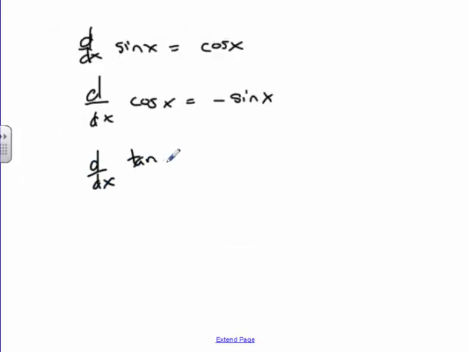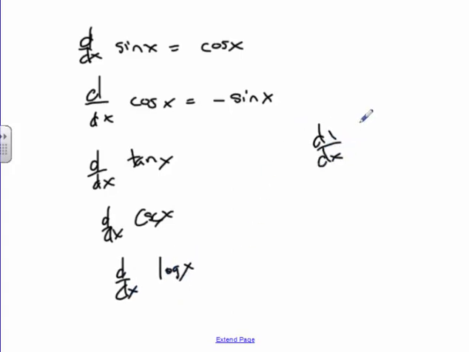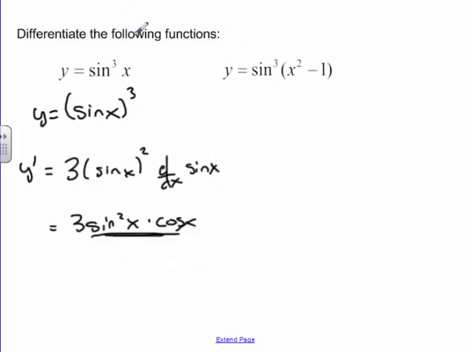We're eventually going to do tan, and we're going to do like cosecant, and eventually we're going to do the derivative of a logarithm. We'll do a derivative of like an exponential function, right? And so it wouldn't hurt just to make a sheet that has kind of like what all these derivatives become, if you'd like. So, okay, let's try this guy.